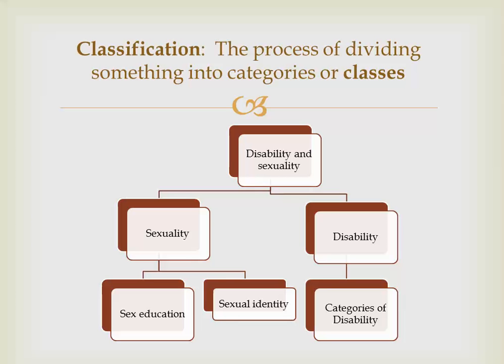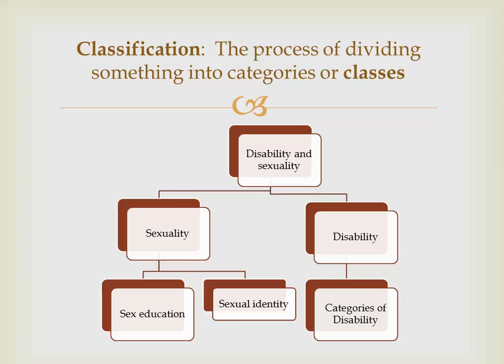Similarly, with disability, your first paper, of course, focused on defining what disability is, and you already know how complicated that process can be. You also know that there are lots of different kinds of disabilities. So one way you might approach this is by breaking disability into categories of disability, like intellectual disabilities or physical disabilities or mental illness, and then you might break it down further.